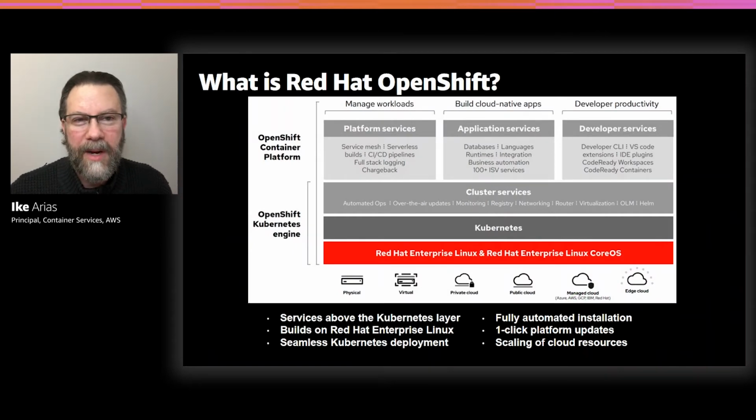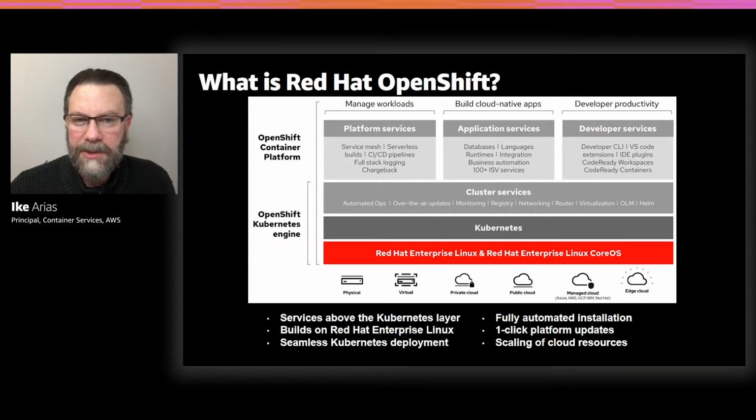OpenShift is a container and application platform. Developed and supported by Red Hat, it's built on top of Red Hat Enterprise Linux and Kubernetes, two of the largest and fastest growing open source projects in the world, and adds several services to offer a well-rounded platform experience out of the box.